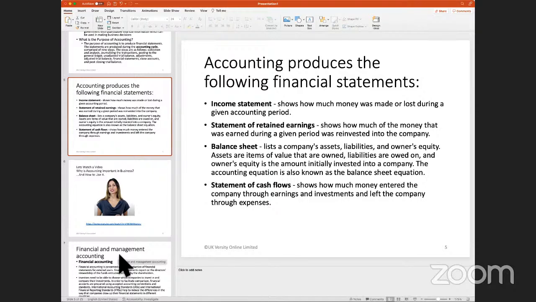Some companies have it from 5th of April to 4th of April, which is the HMRC year in terms of accounting. And sometimes companies, when they are formed on a certain date, like for example, you opened a business on the 1st of July this year, your accounting cycle will end 12 months down the line on 30th of June 2023. And that would be the accounting cycle in which you will be ending up producing these statements.